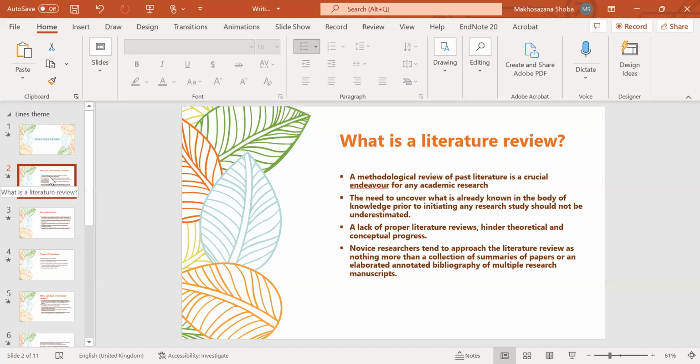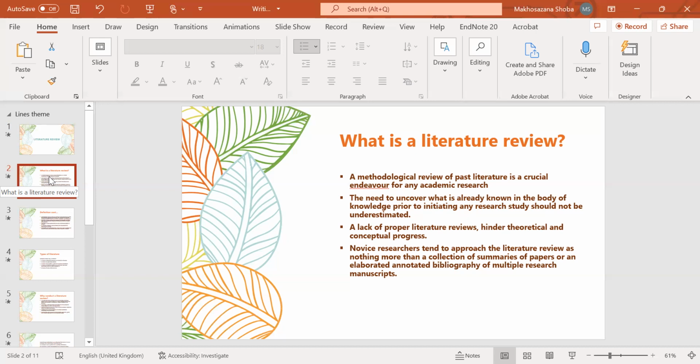This is a methodological review of past research, which is crucial for any academic research. So in other words, it's important to know past research when conducting research. And for you to access that, you need to read and thus develop a literature review.